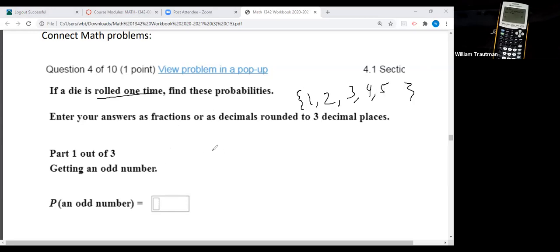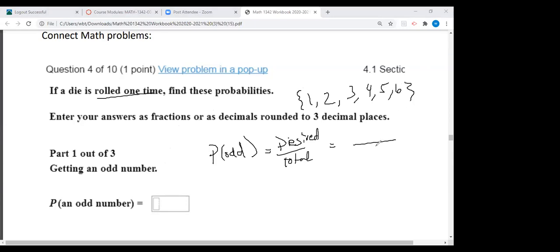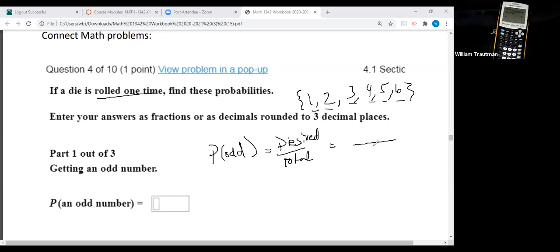The probability of an odd number, remember desired on top, total on the bottom. What's the total outcomes on the bottom of rolling a dice? There are 6 ways for me to roll a dice. The total is 6.